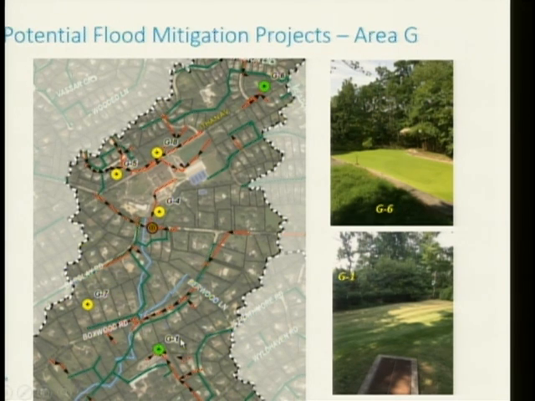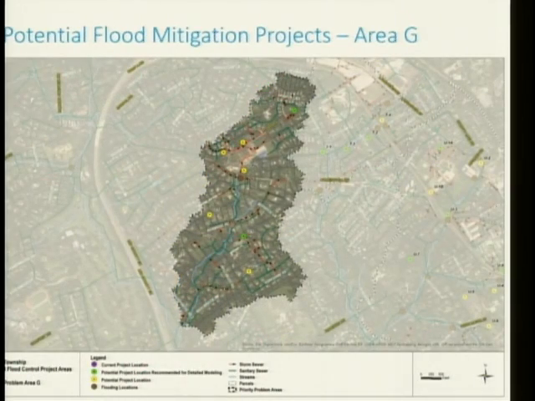Dan, why not? I mean, G8 just looks a lot more populated than G6. Is it just because we can get to G6? Well, G8 and G5 are the two other basins. And when you say populated, it might just be because it's getting cut off. Let me go back. It's hard to see there.